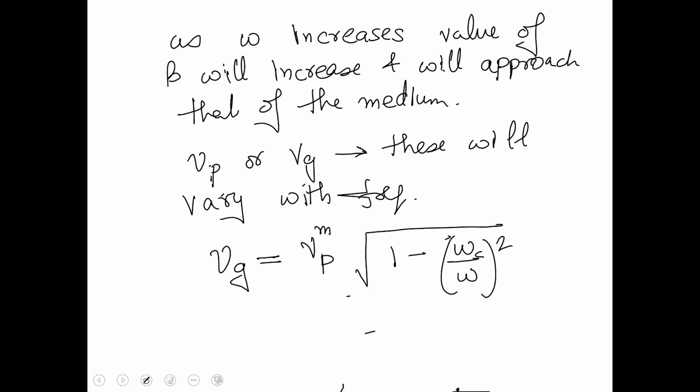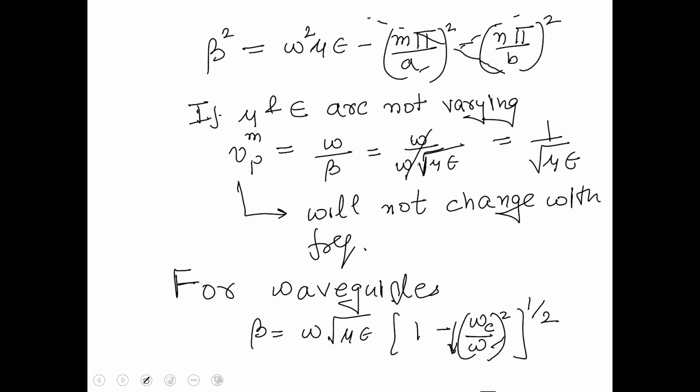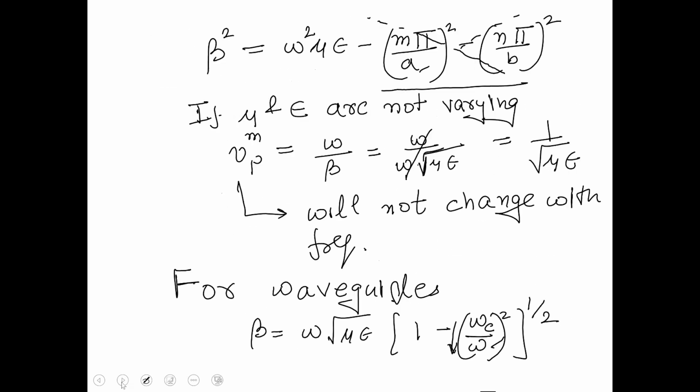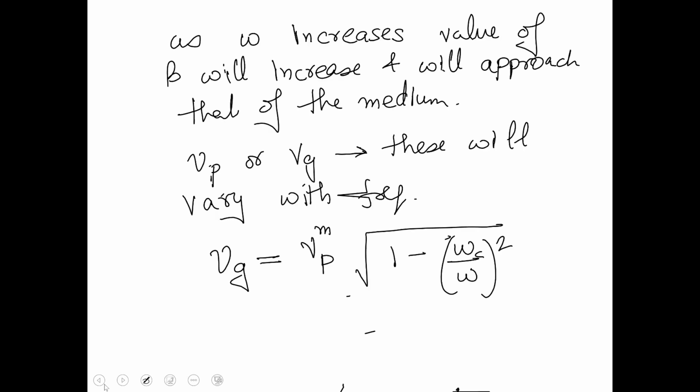This is dispersion. Where is this dispersion coming from? Dispersion is coming from the existence of these terms. If these terms were not present, there would have been no dispersion. V phase and V group would not have changed with frequency. Because the dispersion is coming due to the terms we have here, and these terms are coming due to waveguide confinement, this specific dispersion is called waveguide dispersion.